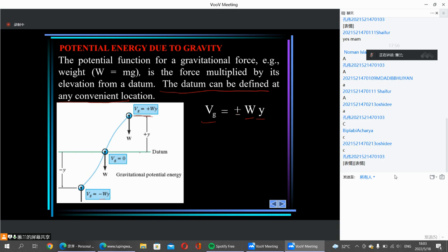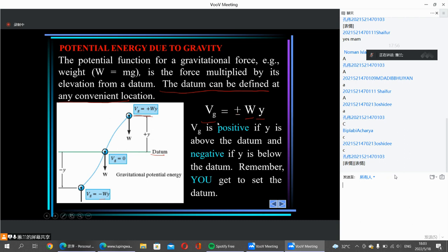Okay. So when it's at the datum line, the potential energy of the gravity force will equal 0. The potential energy is a measure of the work by the conservative force, here by the gravity force. So we need to know how to calculate the potential energy.